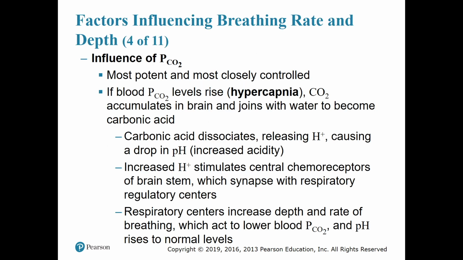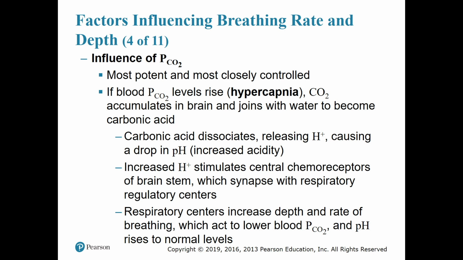So the partial pressure of CO2 is the most potent and most closely controlled. If blood partial pressure of CO2 levels rise, that's called hypercapnia, CO2 accumulates in the brain and joins with water to become carbonic acid. Then carbonic acid dissociates, releasing H+, causing a drop in pH, which increases the acidity.